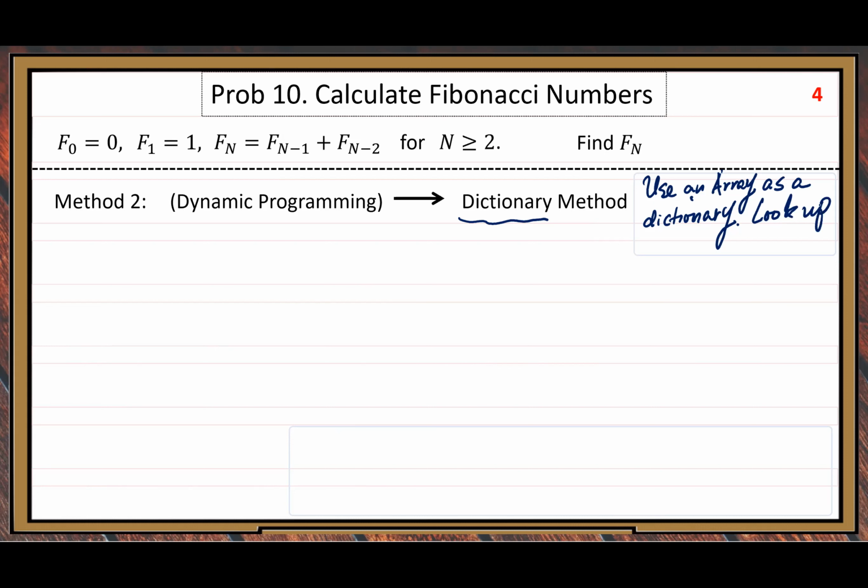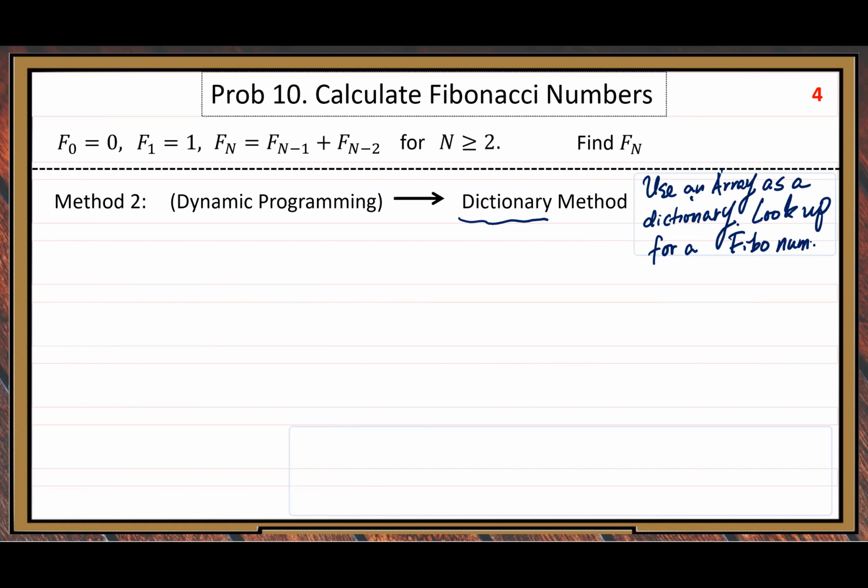Lookup for what? For a Fibonacci number. After we find one Fibonacci number, we store it in a dictionary.